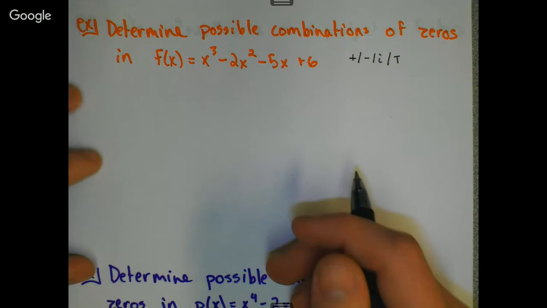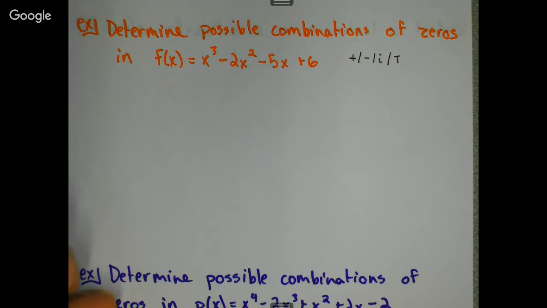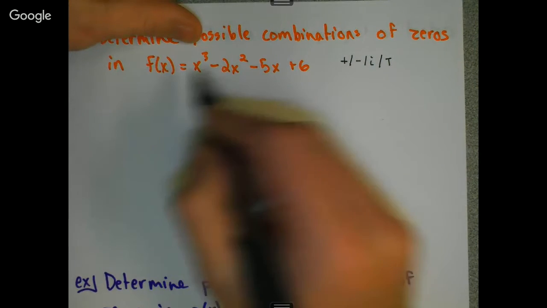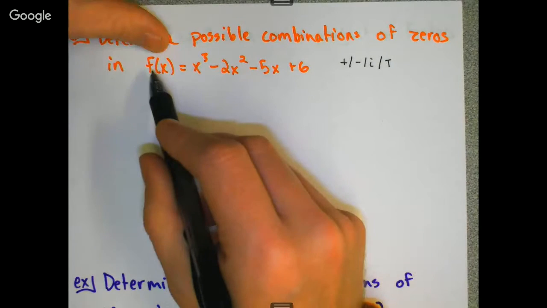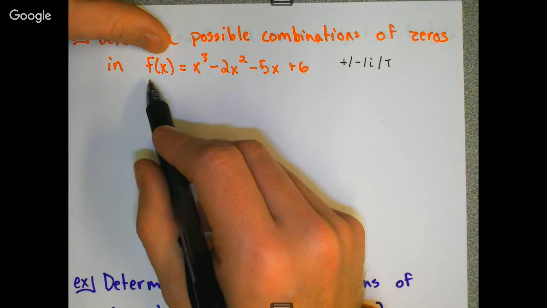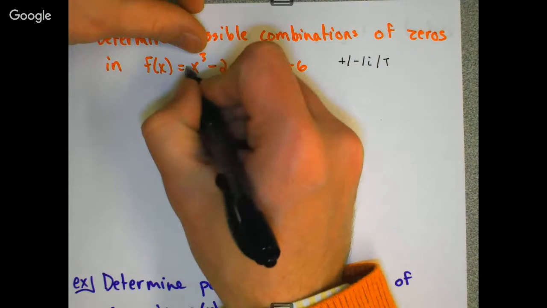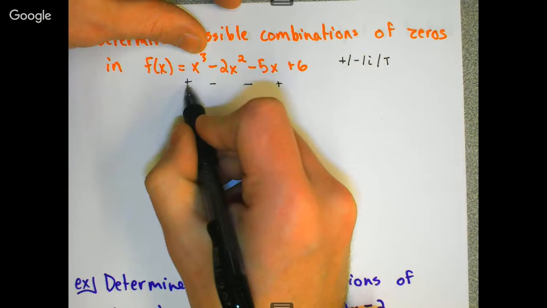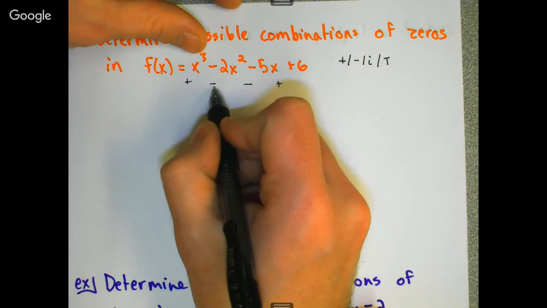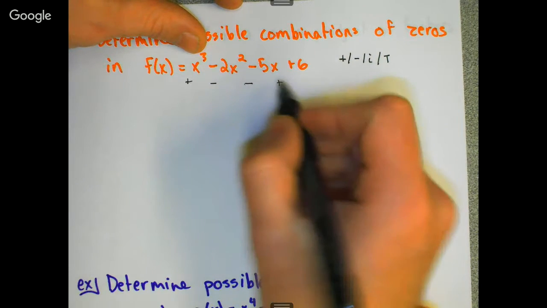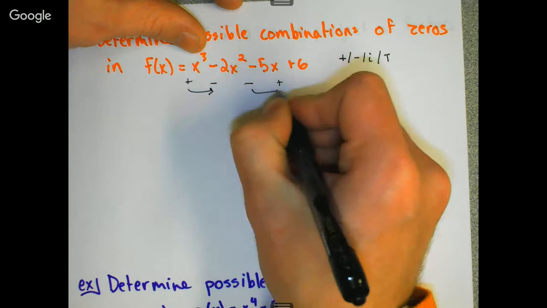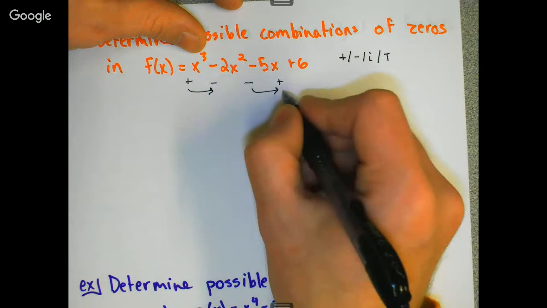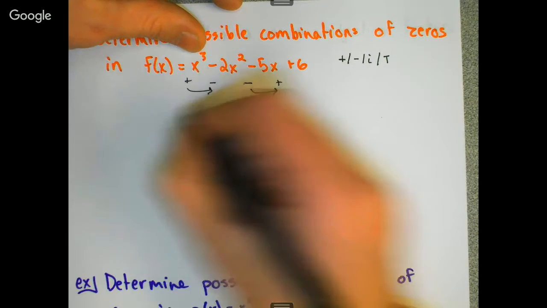So if we look at the total number of positive zeros, it will be the number of sign changes in the original polynomial. So I've got plus, minus, minus, plus. The signs change 1, 2 times. It changes here and it changes here. It's the same between those two terms.